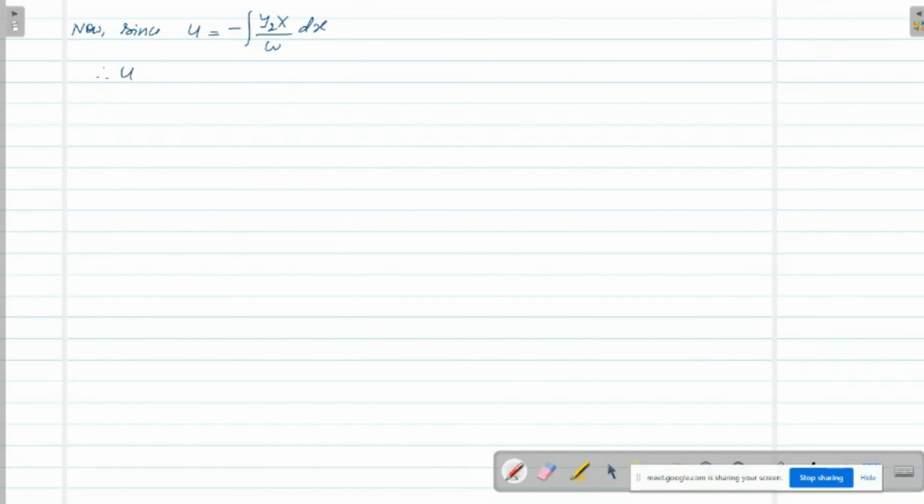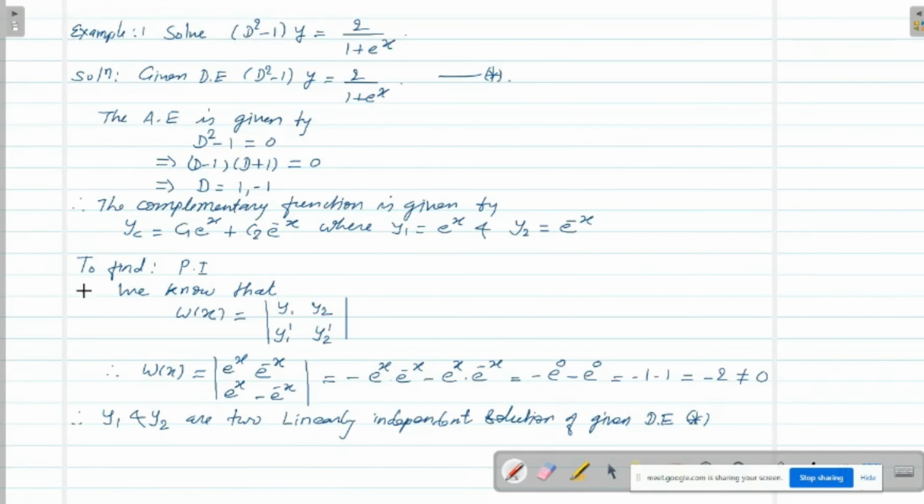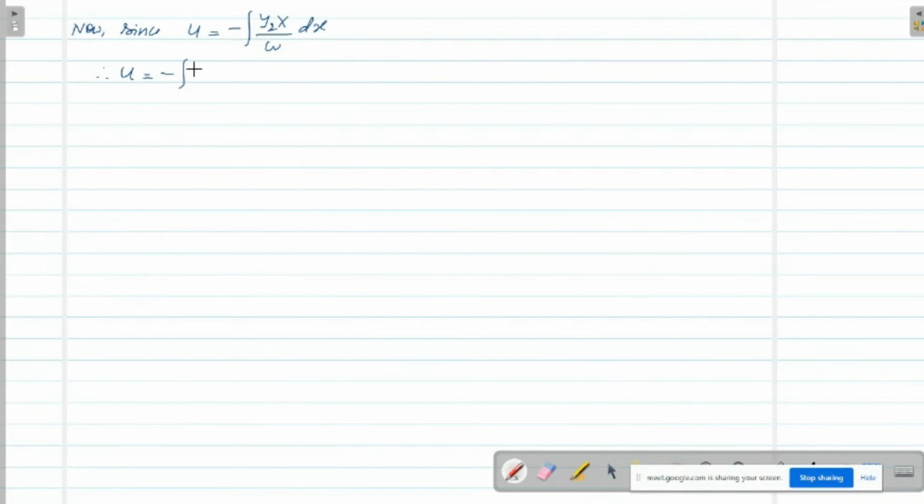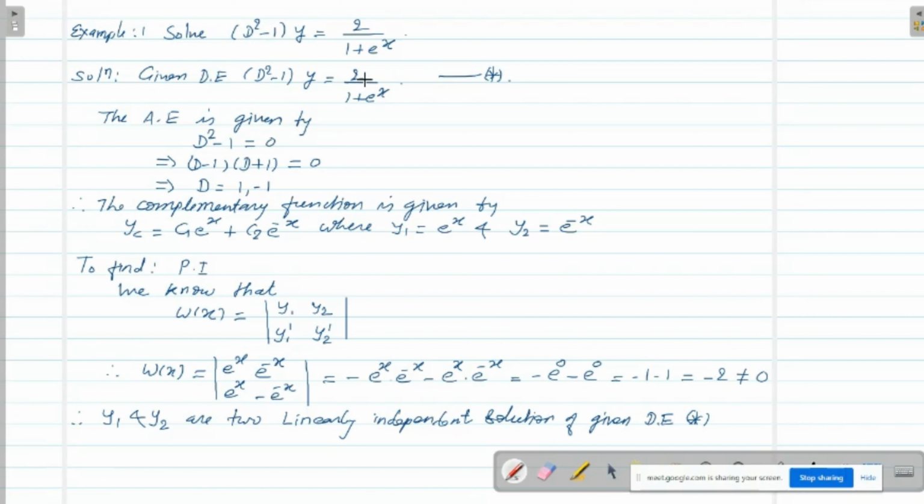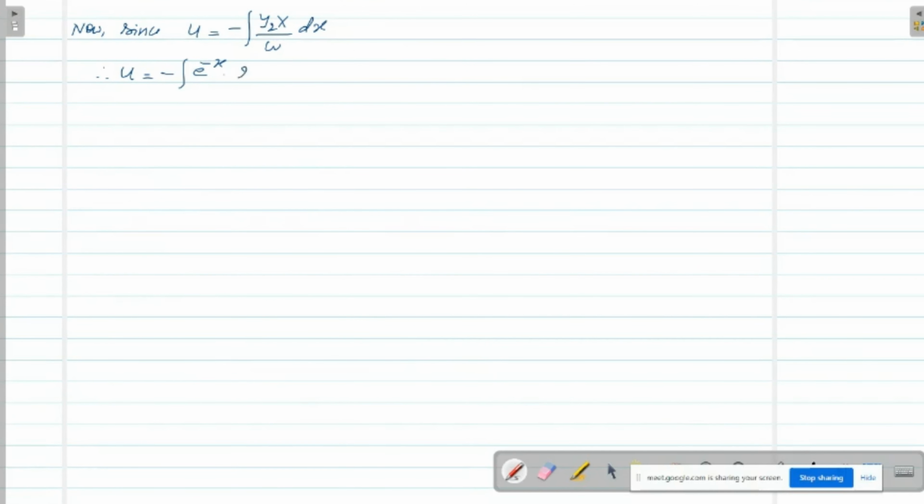Therefore u equal to negative integration of y2, which is e raised to minus x, into x, where x is 2 upon 1 plus e raised to x, divided by negative 2, and dx.